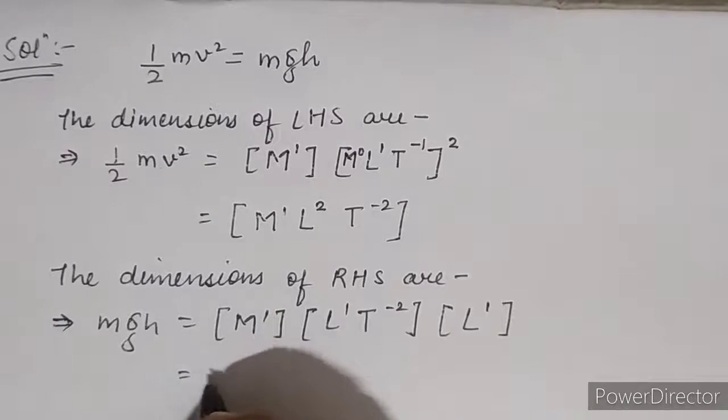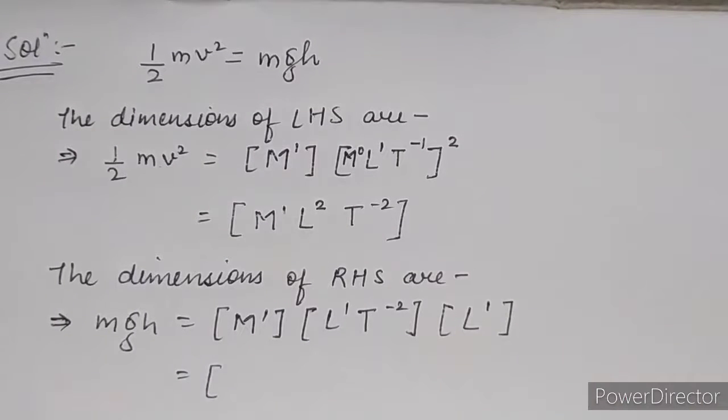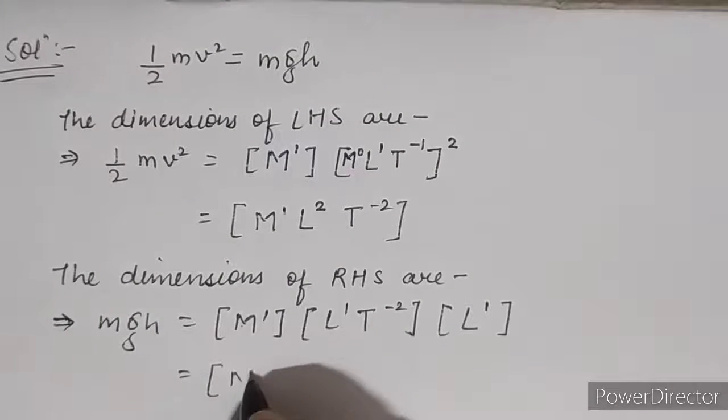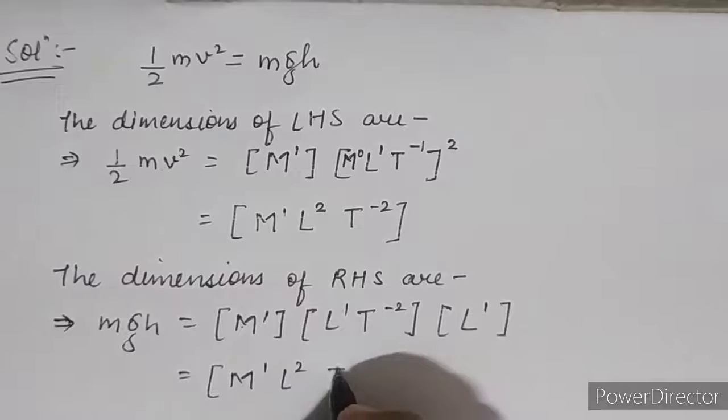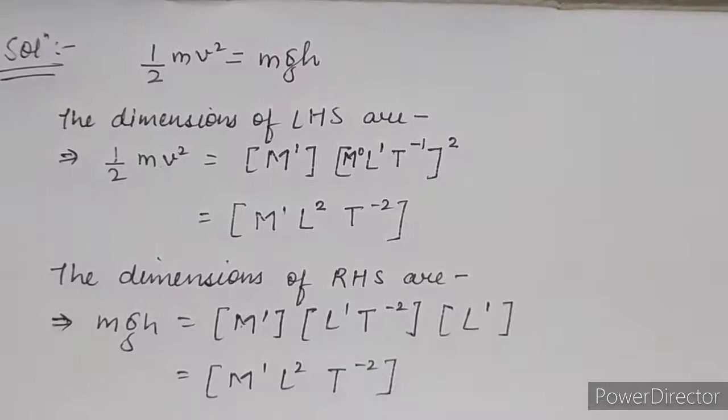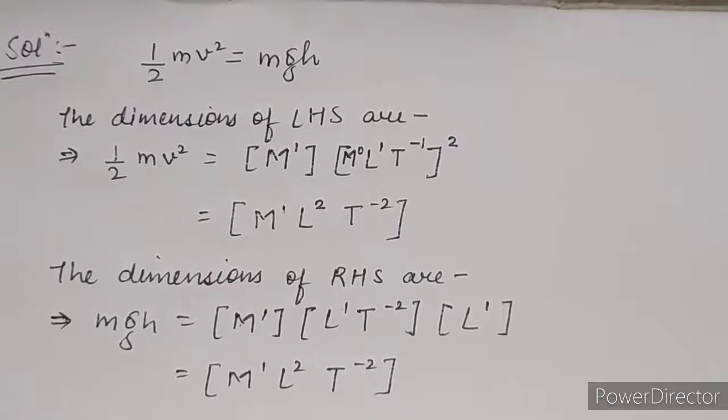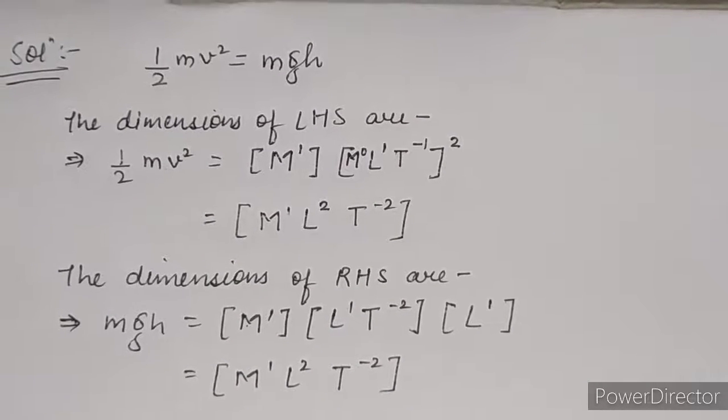Now I combine and write it down: M1, L 1 plus 1, that is 2, T minus 2. Now look at the dimensional formula of LHS and RHS, both are the same. So what do we write now?